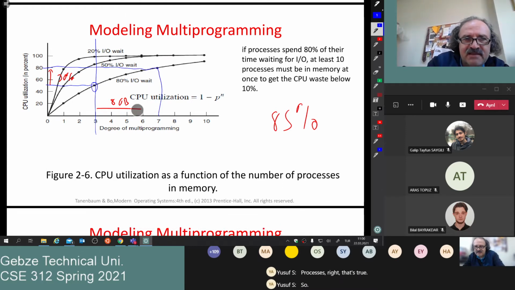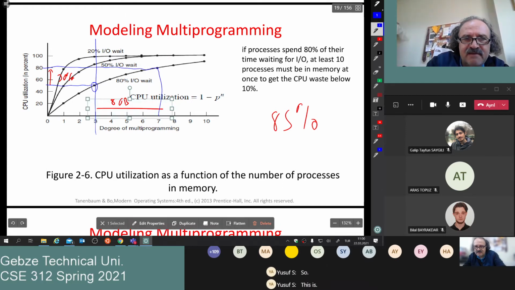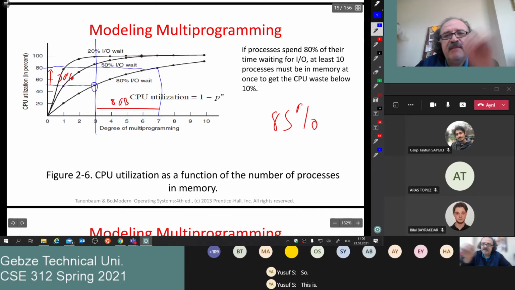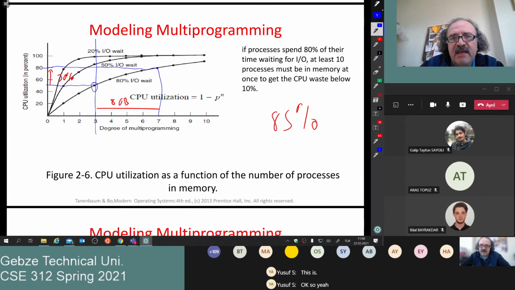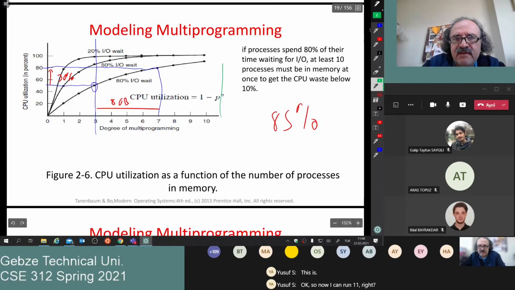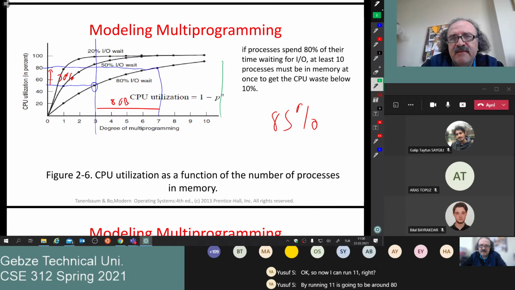So now I can run 11, right? Running 11 is going to be around 85%. So this time I increase from 80% to 85%. Well, just a 5% increase, not much.